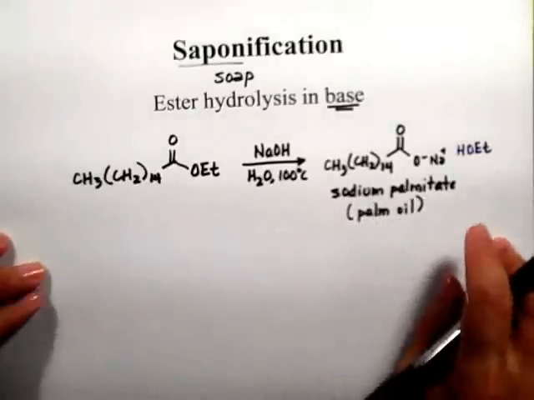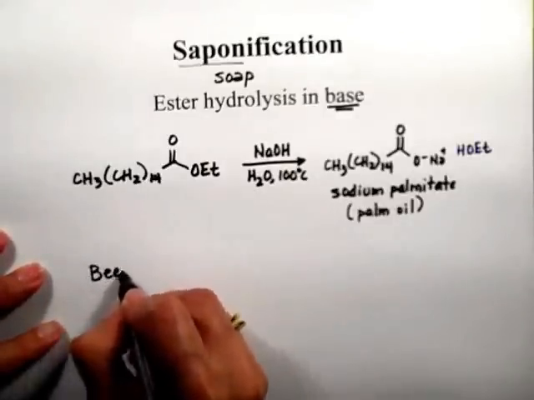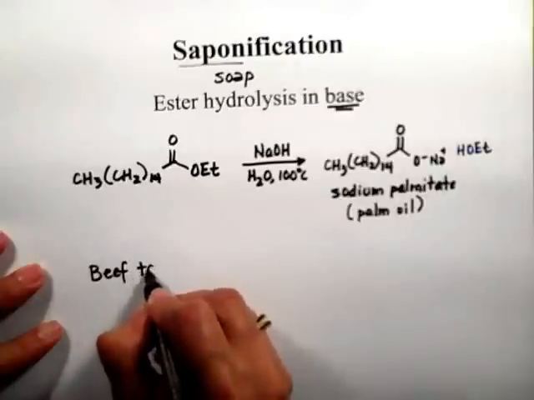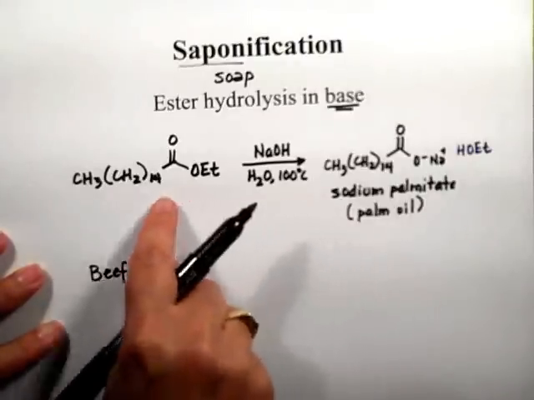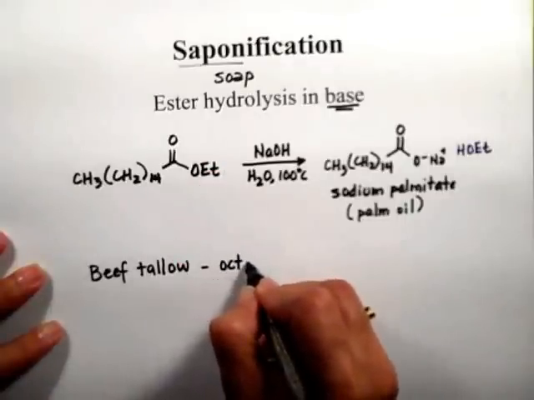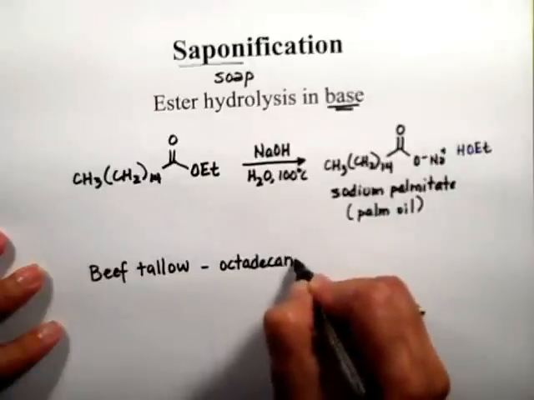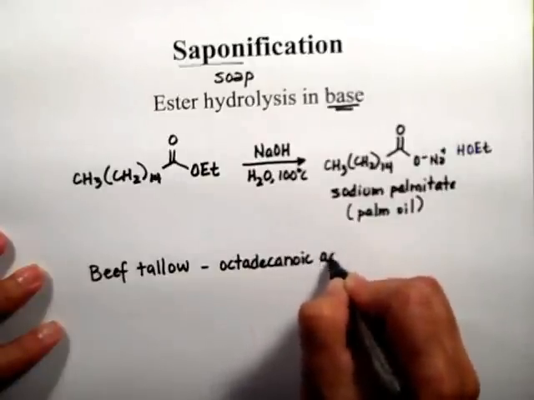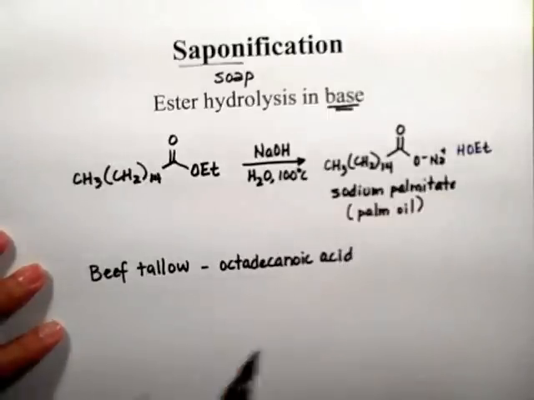If you were one of the pioneers going to the west, you would take beef tallow and do the exact same reaction. Beef tallow would render octadecanoic acid, which is also called stearic acid.